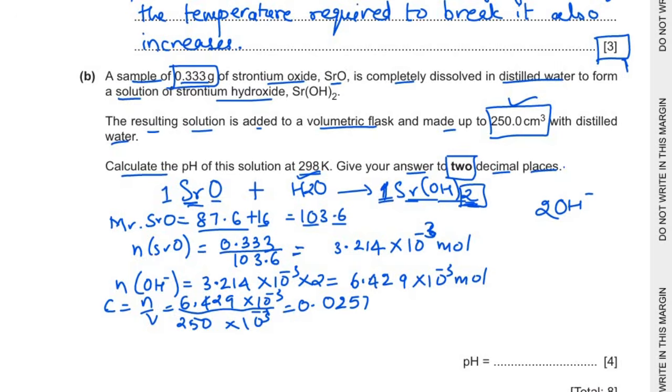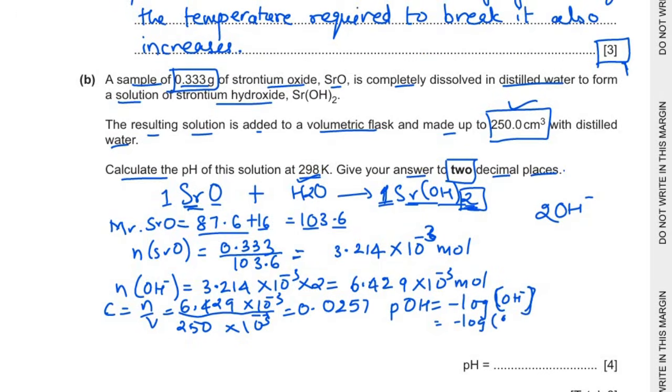Now from the concentration of hydroxide ions, we can directly calculate the pOH. pOH is minus log of the hydroxide ion concentration. So if we take minus log of 0.0257, we get 1.59.